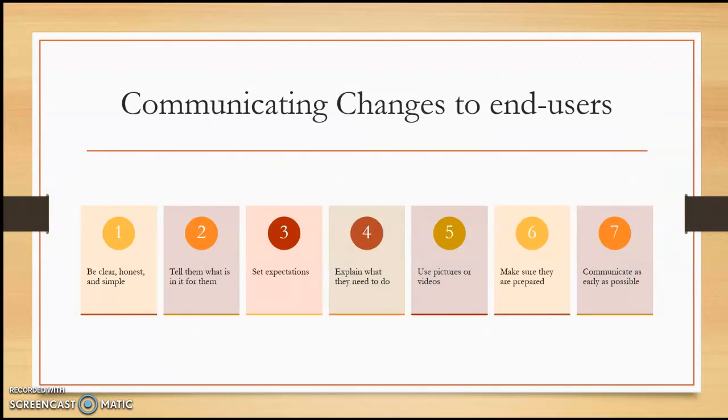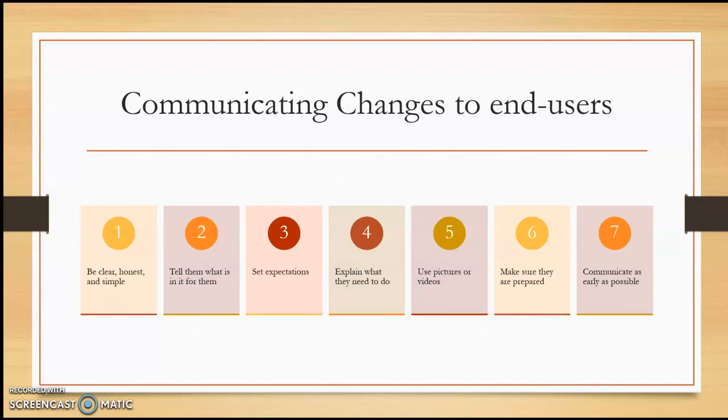I think it's really important to communicate, because if you don't communicate properly, it won't work out the way that it should. So communicating, being honest and clear and simple, is essential. Tell them what's in it for them, because if they know the positive impact that it could make on them, they'll probably be more apt to want to handle the change and grow with it.